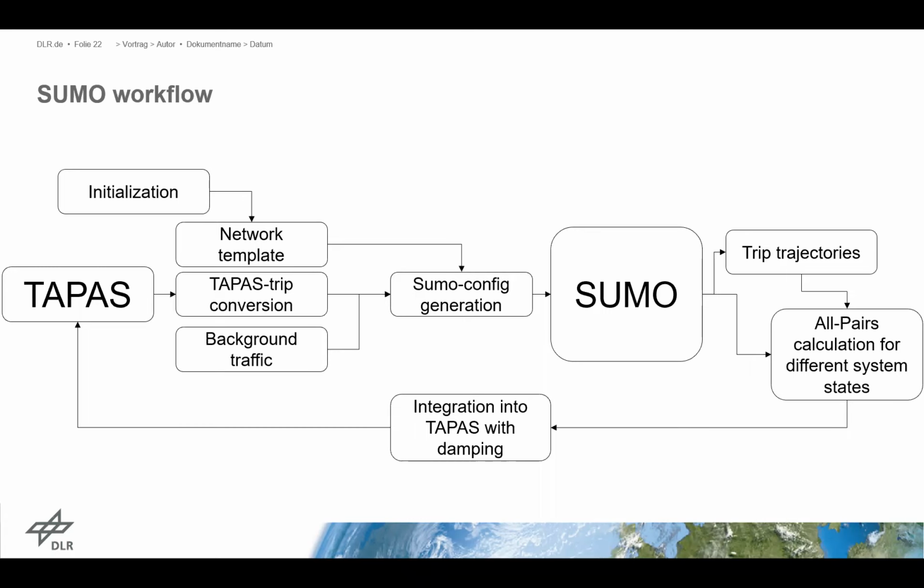On the other side, you have the initialization of a network template, which you do with a Python script found in the TSC GitHub repository. And actually, what it does is generate a SUMO config, and then automatically trigger SUMO from the SUMO config, and SUMO calculates all the routes we fed in.